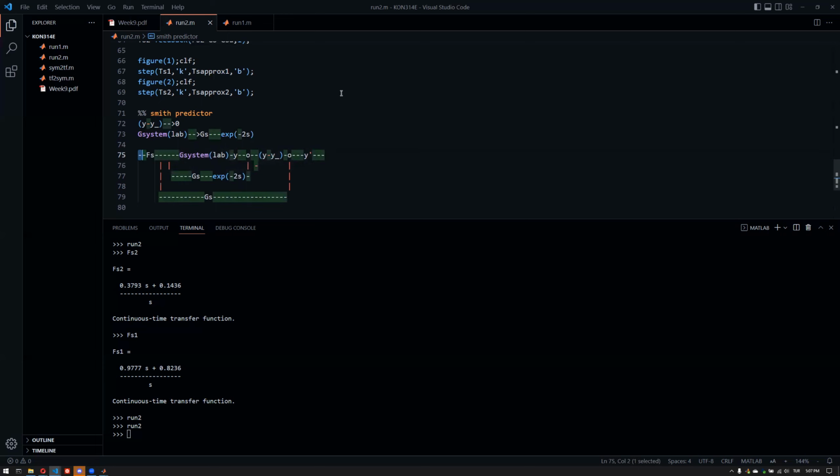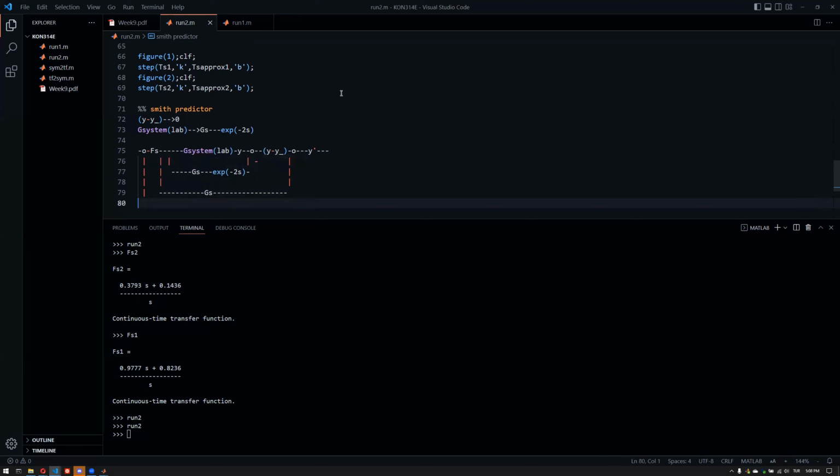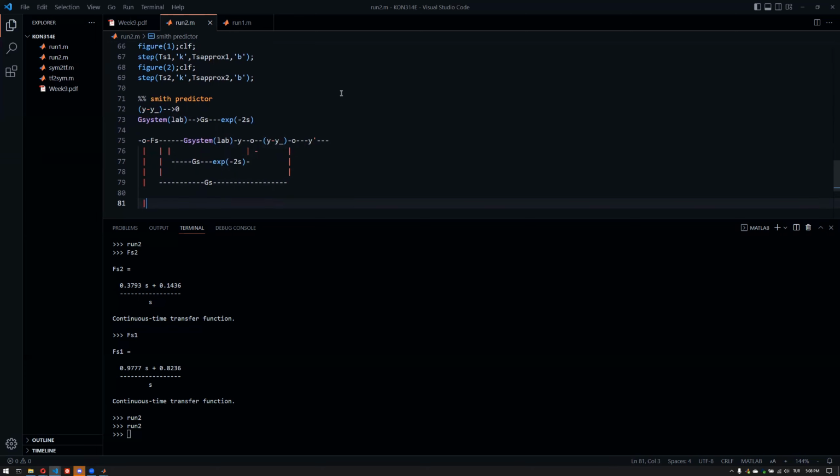So there's another summation point, there's another thing here, and you will have basically this here, an outer loop here that basically measures the output from this exact point.